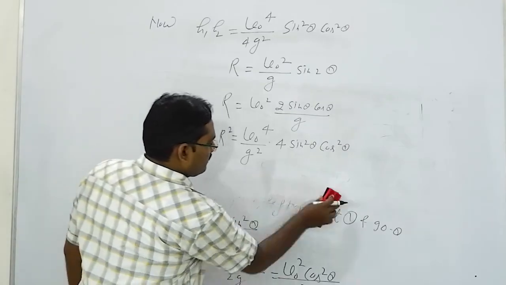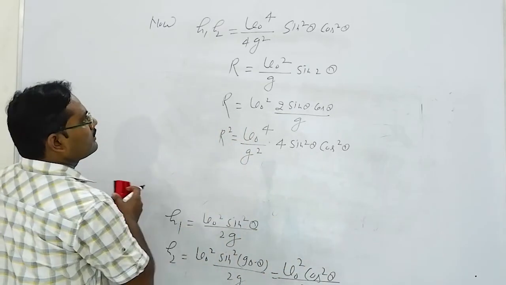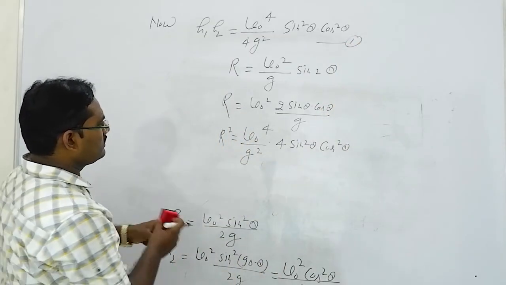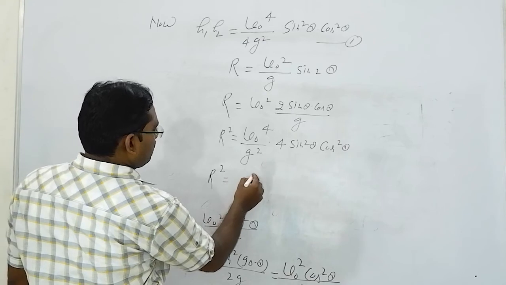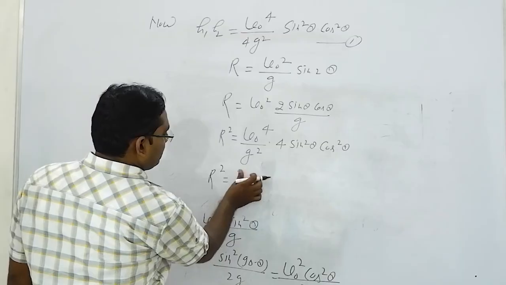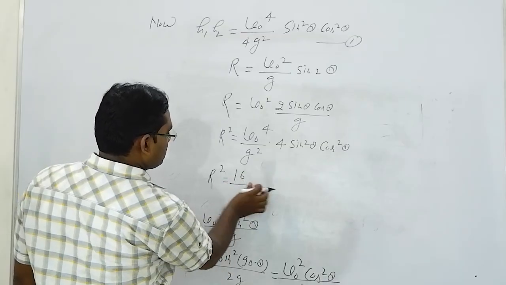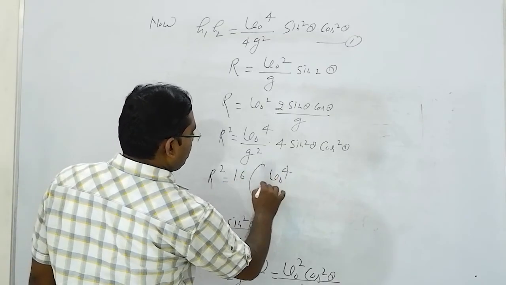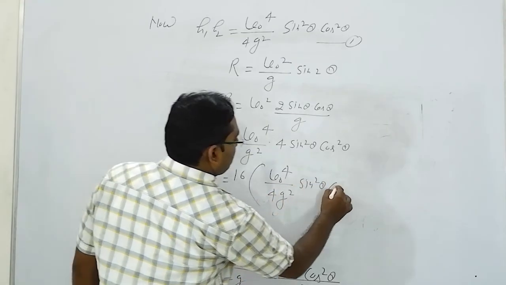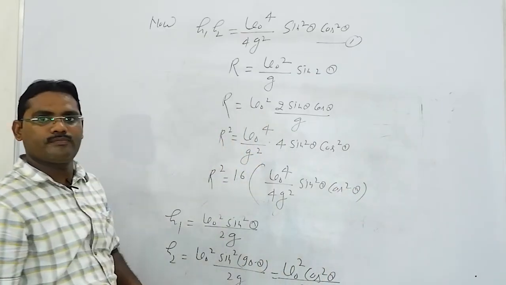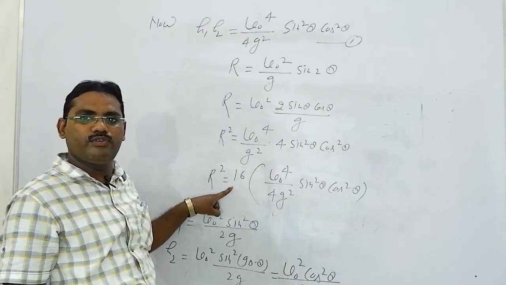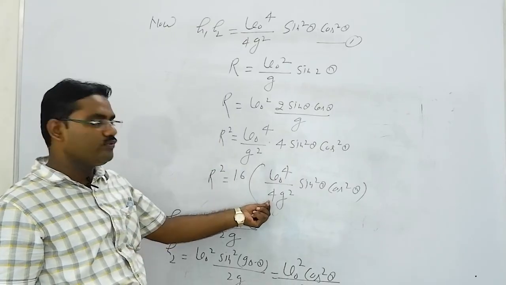This one is equation number 1. Now this one is R square, here 4 is taken outside. Here 16 by 16, v naught power 4 divided by 4g square sin square theta into cos square theta. In this expression we multiplied by 4 and also divided by 4.